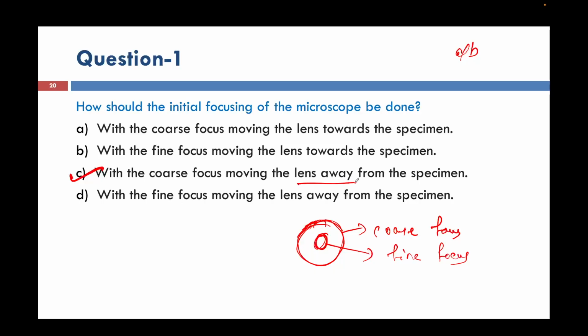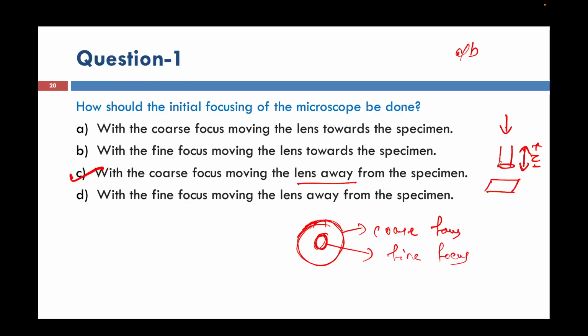You can also think of it in this way. Let's say this is my microscope, and coarse focus means I am focusing in the vertical Z direction. This is my sample, and coarse focus means my upward and downward movement will be very large.